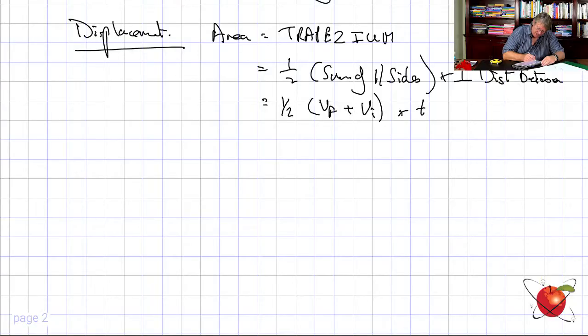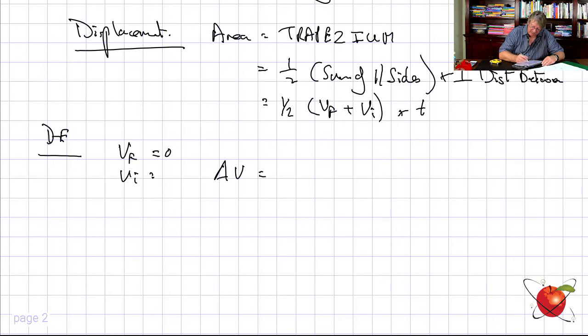At point E, between point D and E, V final is now equal to naught. So therefore, delta V is going to be V final minus V initial, correct?